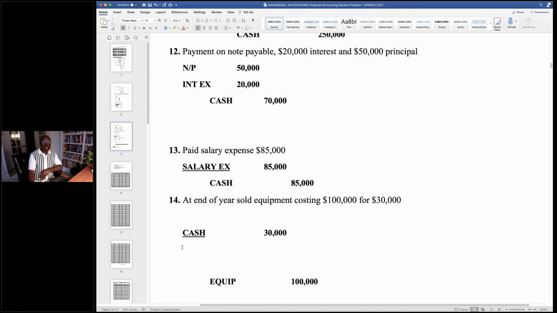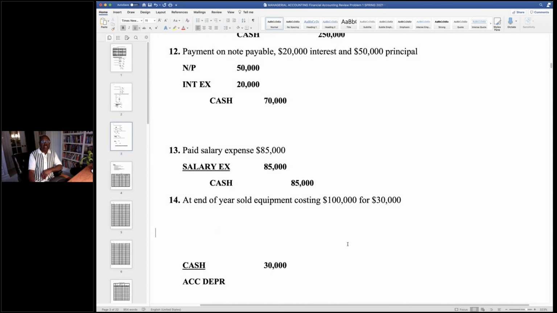So we know we have what? Some accumulated depreciation on this. How much accumulated depreciation do we have? Is it saying that it started at 100,000 and now it's going for 30,000? I didn't do it because I was confused.